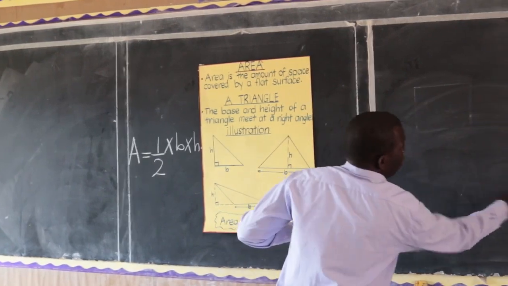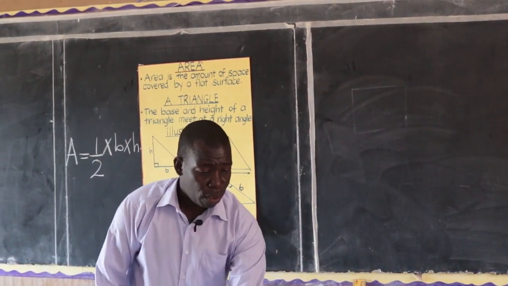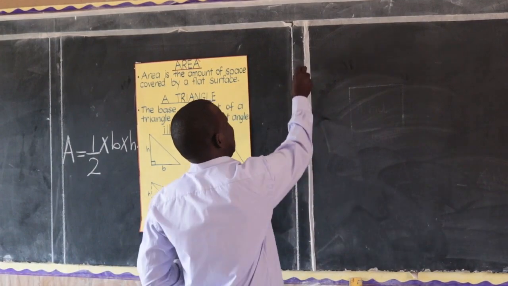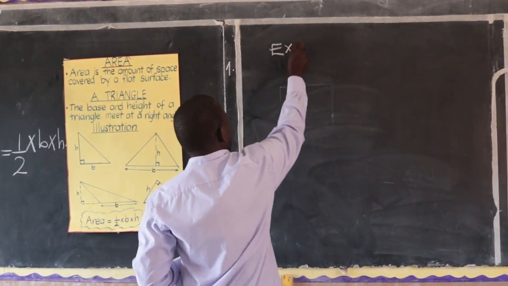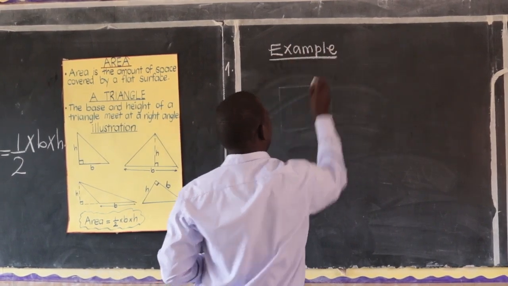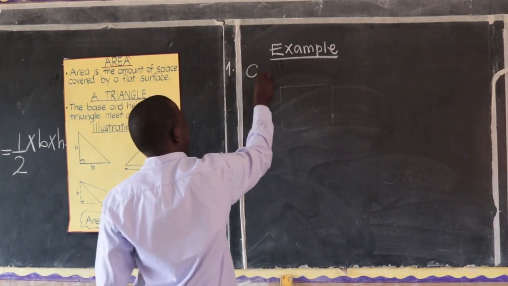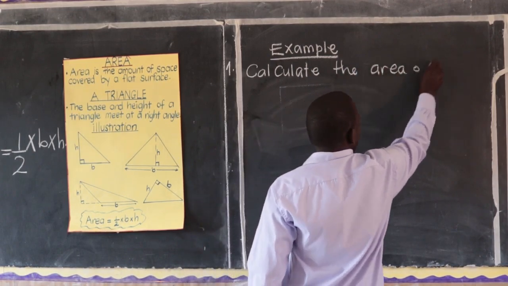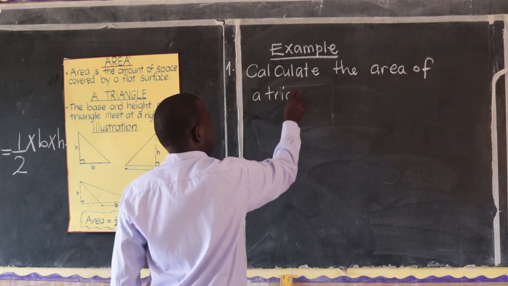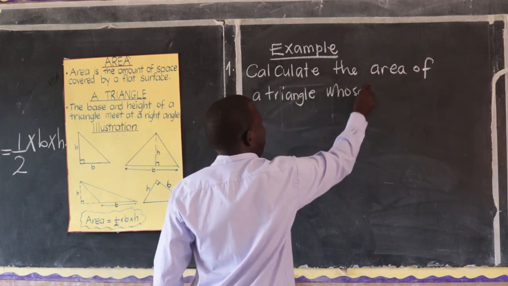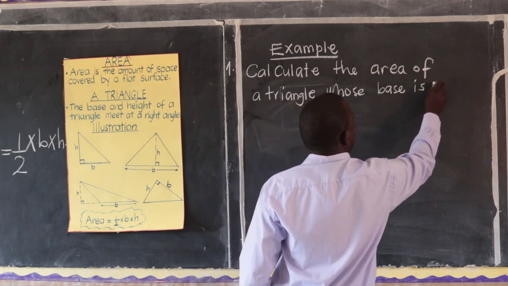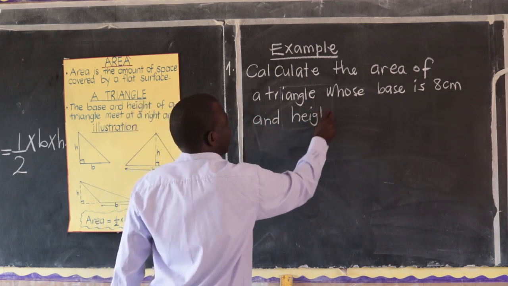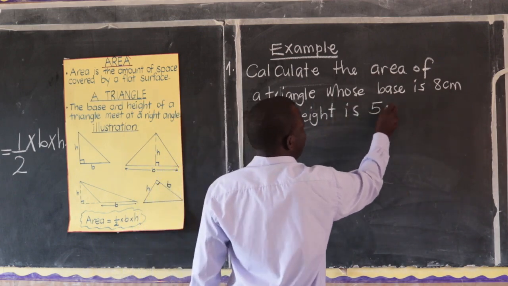Let's look at some examples. For example, I can be asked, one, calculate the area of a triangle whose base is 8 centimeters and the height is 5 centimeters.